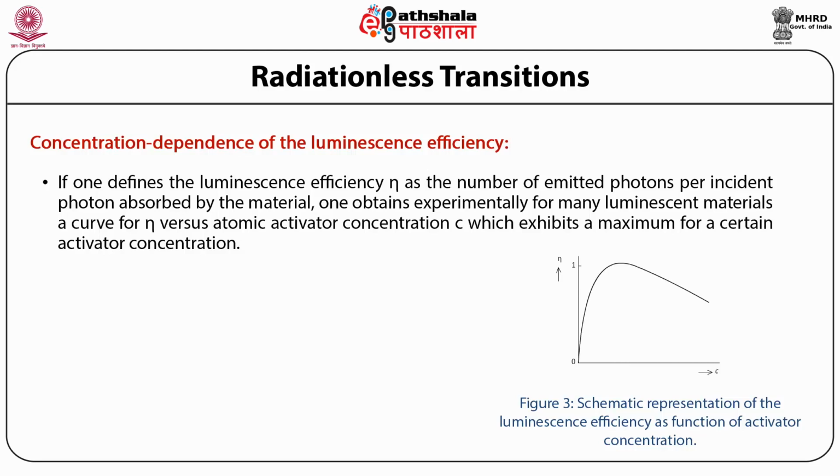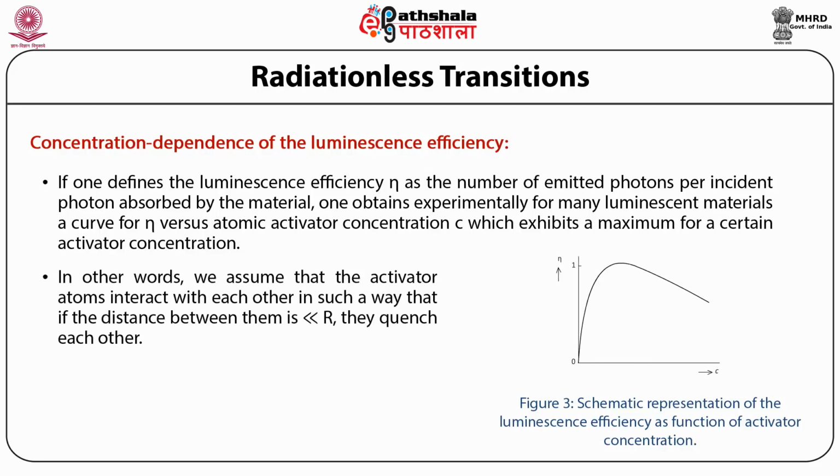Suppose that an activator atom which has absorbed an incident photon returns to the ground state with emission of a photon only, if there is no other activator atom within a sphere of radius R around the central activator atom. In other words, we assume that the activator atoms interact with each other in such a way that if the distance between them is less than R, they quench each other.